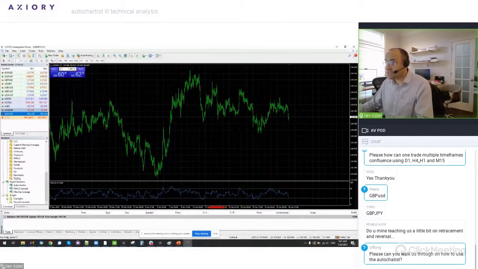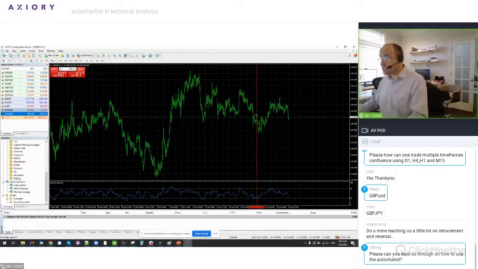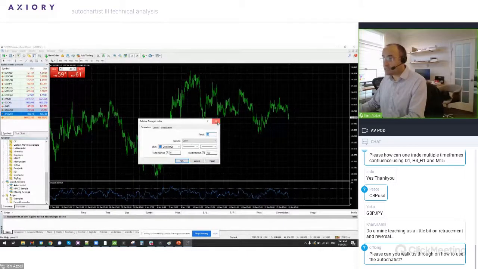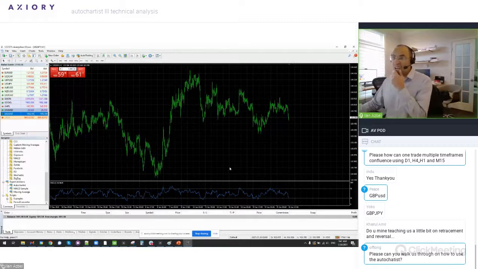It looks like this RSI isn't too bad. It's giving me sell signals when I wanted, and the buy signals are not bad either. So an RSI with period 14 gives me what I want on USD JPY.